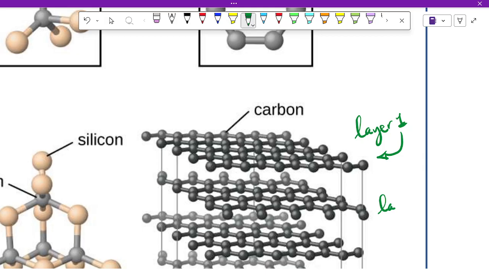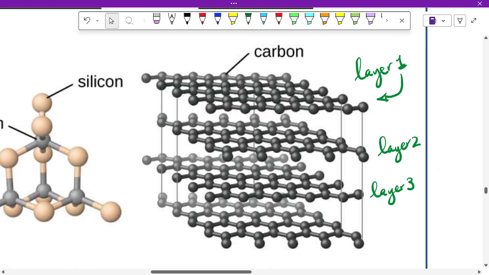Layer 2 and layer 3 and layer 4. So within the layer, it's all covalent bonds.